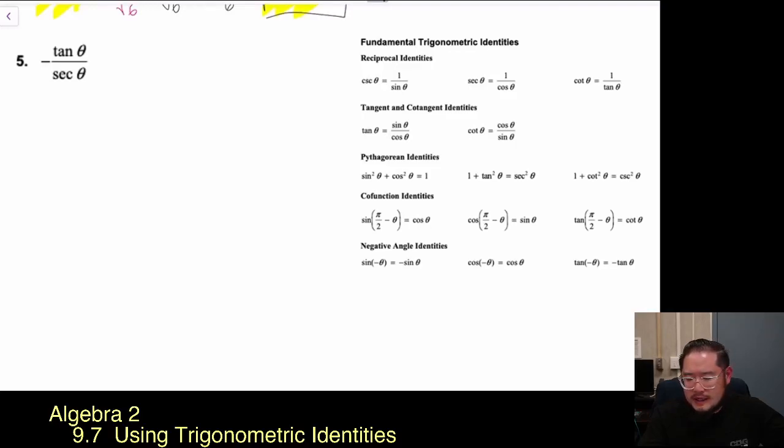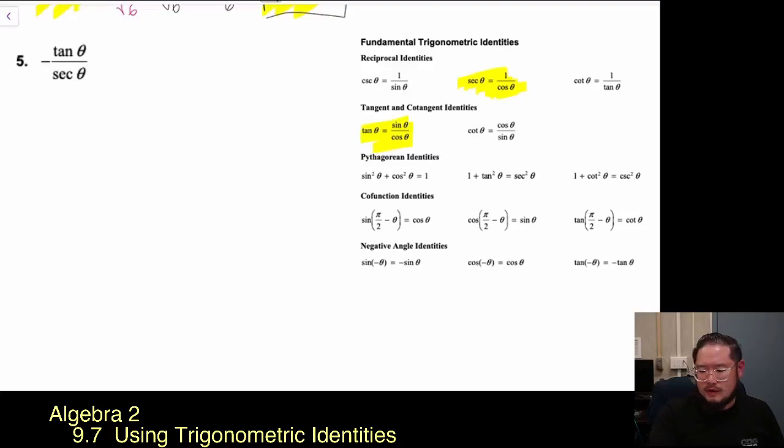One of the things that stands out to me is tangent theta, and knowing that, hey, that's equal to sine theta over cosine theta. So that's one thing that I'm going to be using right here. What else do we have here? What do we know about secant theta? Is there anything where secant theta is by itself? And I see right here one of my reciprocal identities.